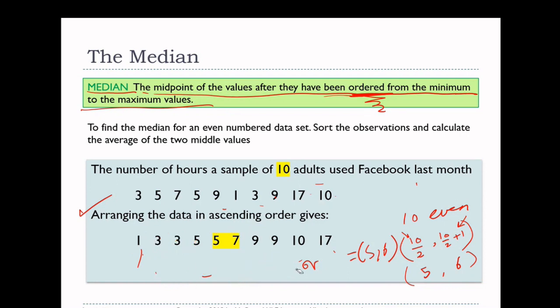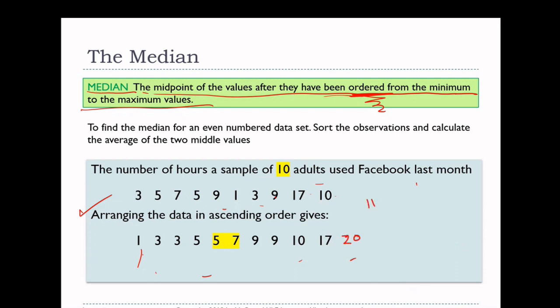Okay, we'll take more examples. Let's add one more number, for example, 20. Now there are 11 numbers, which is an odd count. So the median order equals 11 plus 1 divided by 2, which is 12 divided by 2, number 6.